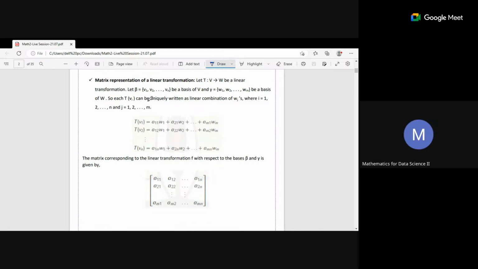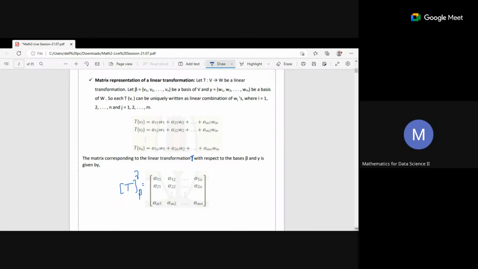We first find the image of the basis vectors in V, so T(v1), T(v2), ..., T(vn), this we find. And then we write these vectors as a linear combination of the basis elements of W. These coefficients, you have to arrange them in the columns for the matrix A. So this is with respect to beta and gamma. Okay. So this is your matrix corresponding to a linear transformation T with respect to basis beta and gamma.